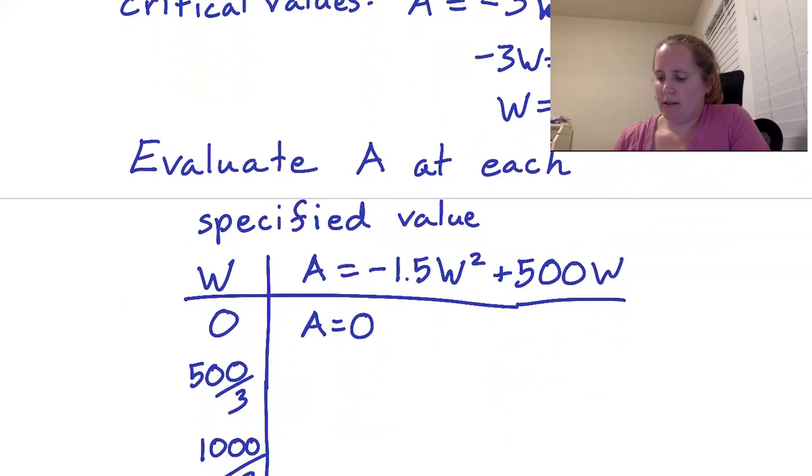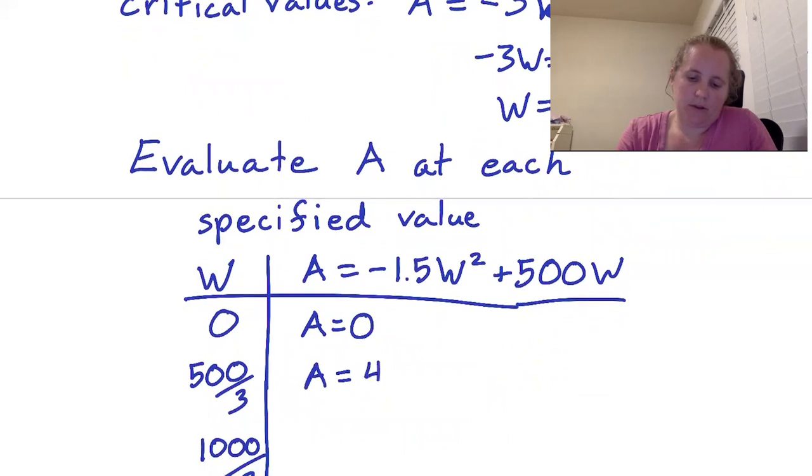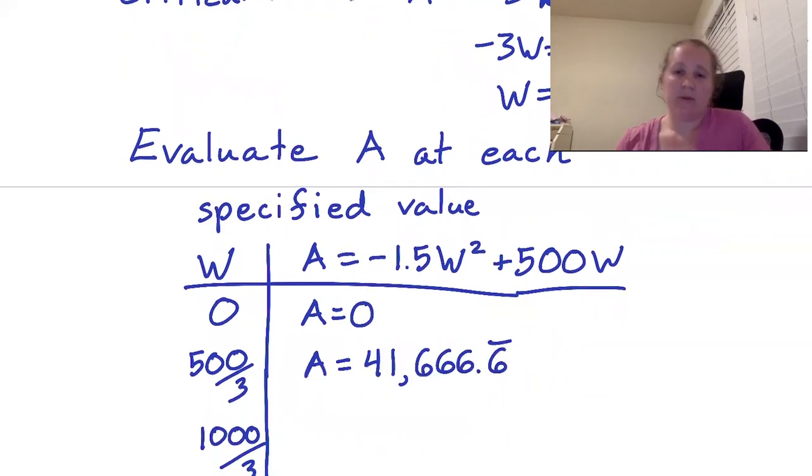So if I plug that into my calculator, negative 1.5 times 500 thirds squared plus 500 times 500 thirds, I wind up with area is equal to 41,666.6 repeating.